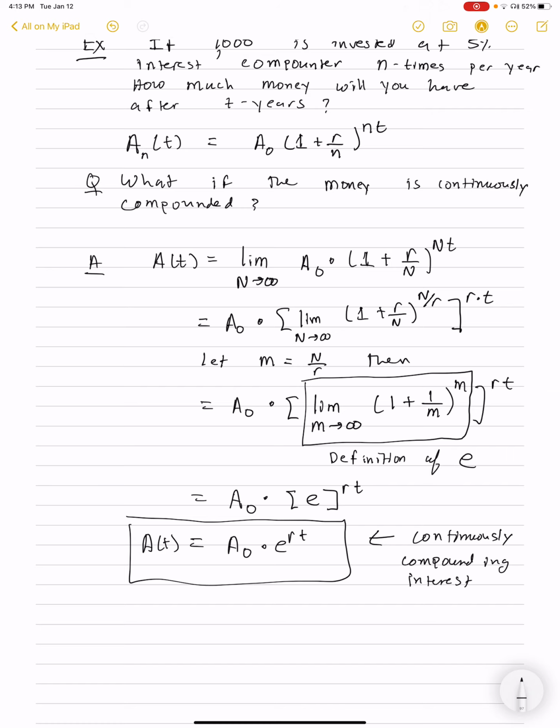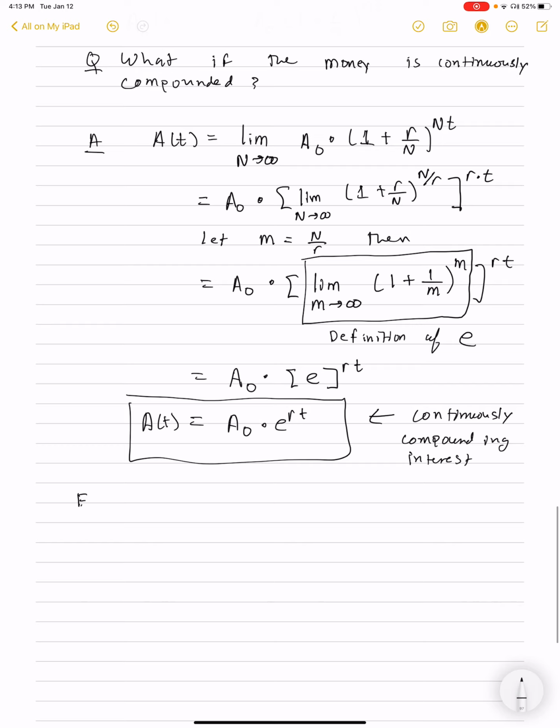So let's ask a question about continuously compounding interest. If you invest $1,000 continuously compounded at 5% interest, how much money will you have in 3 years?